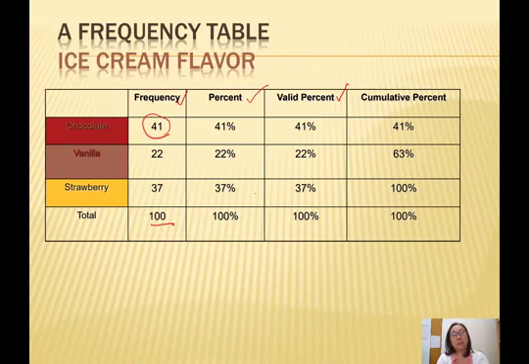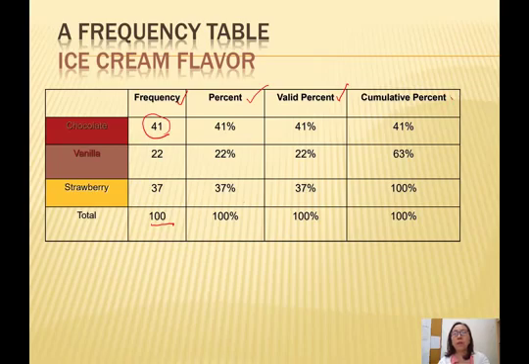Their favorite is maybe Rocky Road and it's not listed. So then valid percent would be calculated based on the valid number of responses. So if one person skipped this question, then valid percent would be calculated based on 99 people as being 100%. So you'll see a little bit of a discrepancy between valid percent and percent in that case.